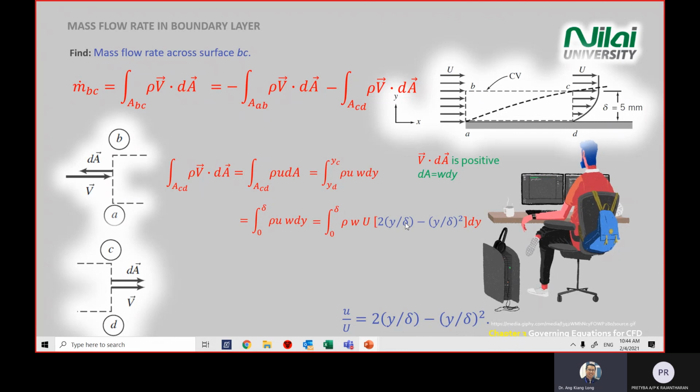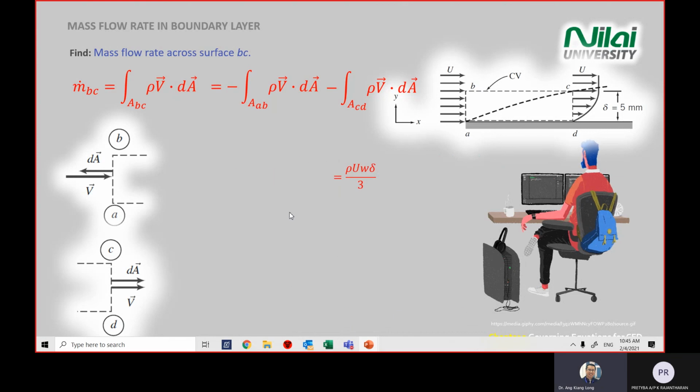We just substitute inside there, and then you do the calculation. So at the end, the mass flow that goes across the line CD will be 2 rho U w delta divided by 3, and then you combine the two equations.